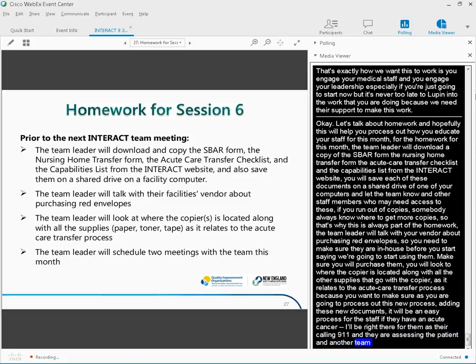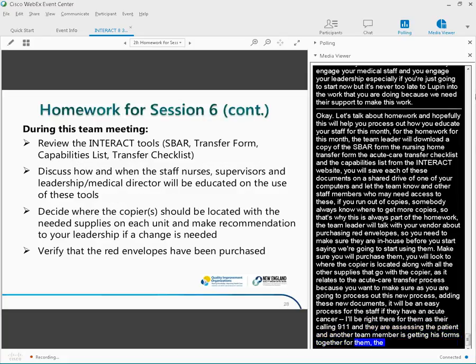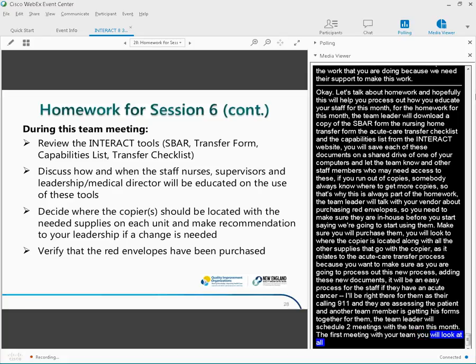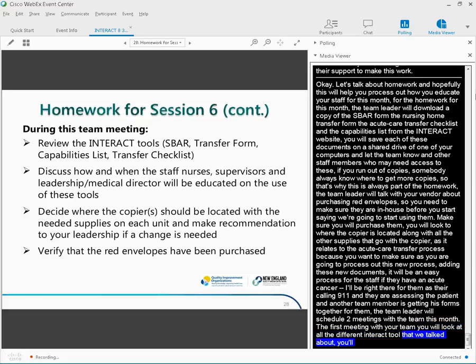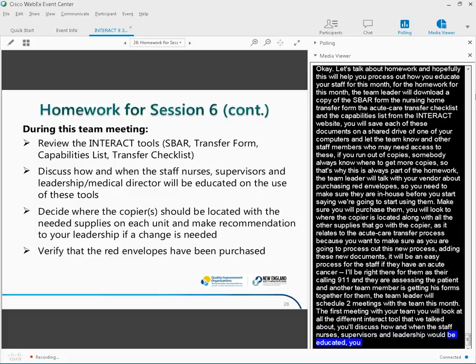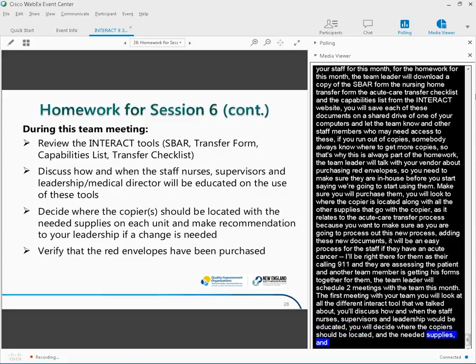Then the team leader is going to schedule 2 meetings with the team this month. In the first meeting, you're going to look at all the different Interact tools that we talked about. You're going to discuss how and when your staff nurses, supervisors, and leadership will be educated on each of these tools. You're going to decide where the copier should be located and what supplies are needed on each unit, and make recommendations to your leadership if a change is needed.